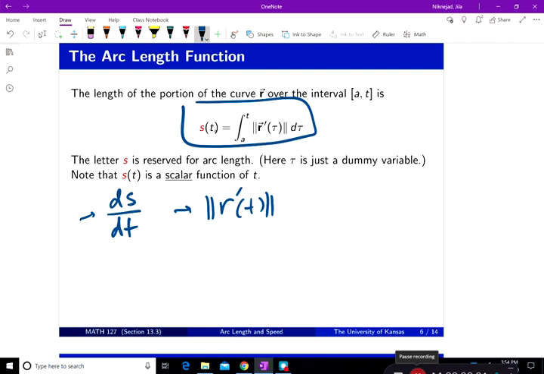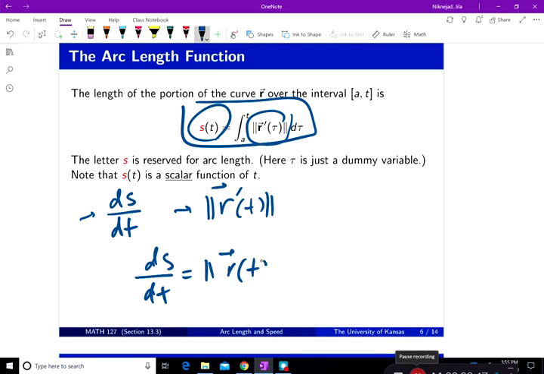So let's take the derivative of this side and see what we end up with. If I take the derivative of that side, by the fundamental theorem of calculus, I end up with the integrand evaluated at t, which is going to be the magnitude of r prime of t. And so the two of them match.